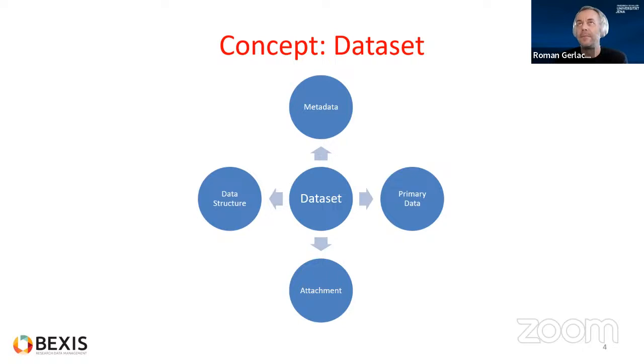That can be, for example, if you think of a field station that measures some weather, you can also attach an image of that station to the dataset, or any other additional information in any file type and file format, or protocols, or any further description that's needed. You can simply attach that to a dataset.